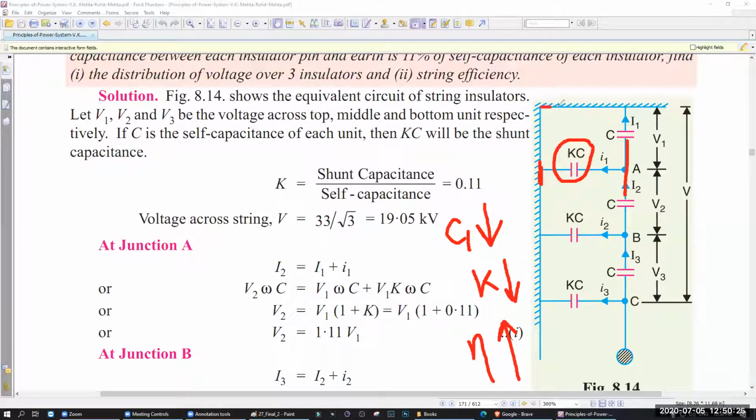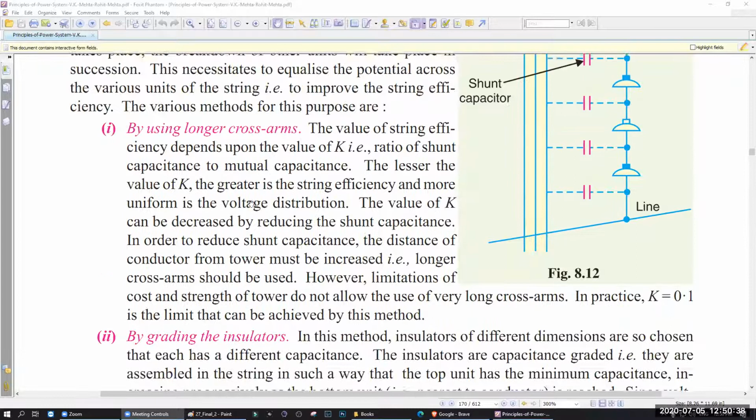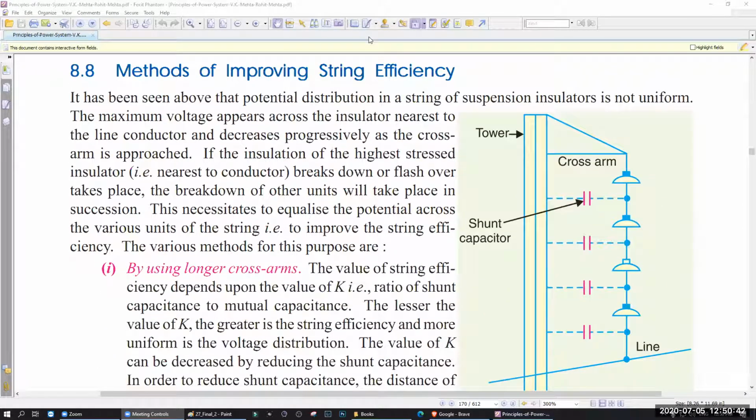You have to increase this distance, right? This is called the first method of improving efficiency. You told me how to improve the efficiency. Now you see, by using a longer cross arm, that means you have to use bigger arms so that the distance increases.